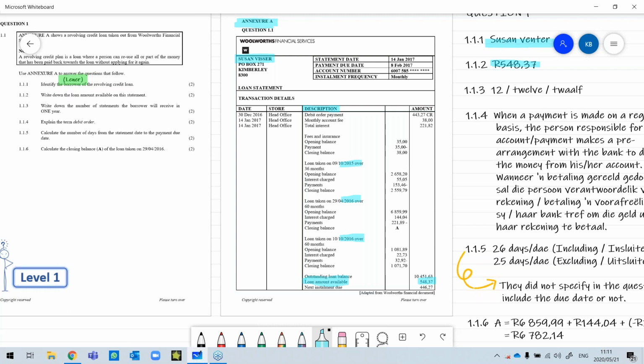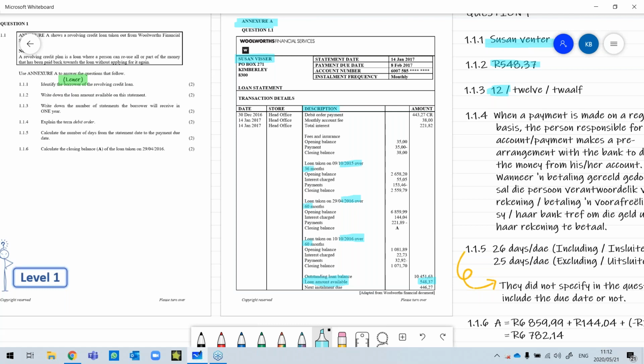And then you will also notice that these loans are paid off over 36, 60, or 60 months. That means that she is going to be paying for these loans for more than a year. And she will receive an updated statement at the end of every single month. So that means that she is going to receive 12 statements for this year.